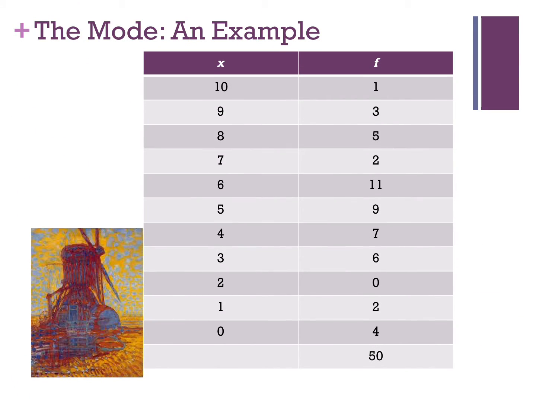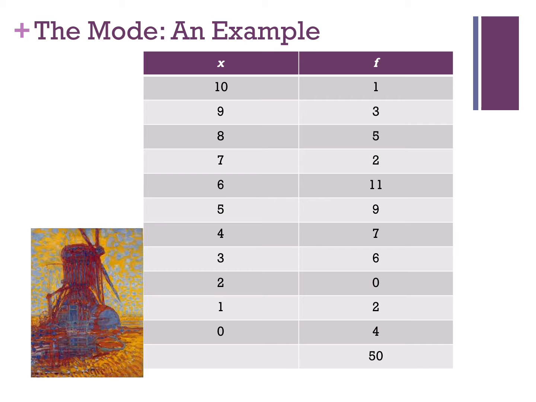The headings on the table are as follows. X equals the score for a group of people. F stands for the frequency, which is the number of people who received that score. So we can see here that the scores range from 0 to 10, and the frequency of a score of 10 is 1 person.